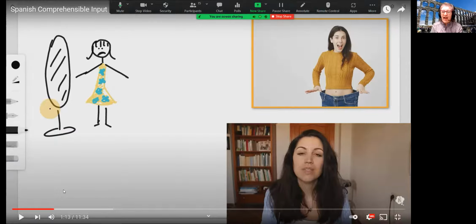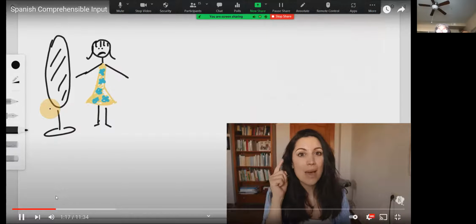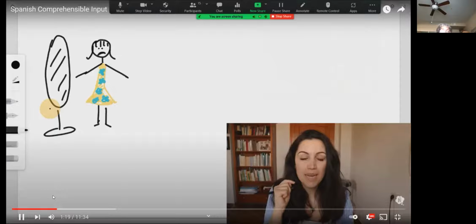Delgado or delgada means thin. Adelgazar takes that word delgado, thin, and turns it into a verb. Adelgazar is to get thin, to slim down, to lose weight. Tengo que adelgazar.